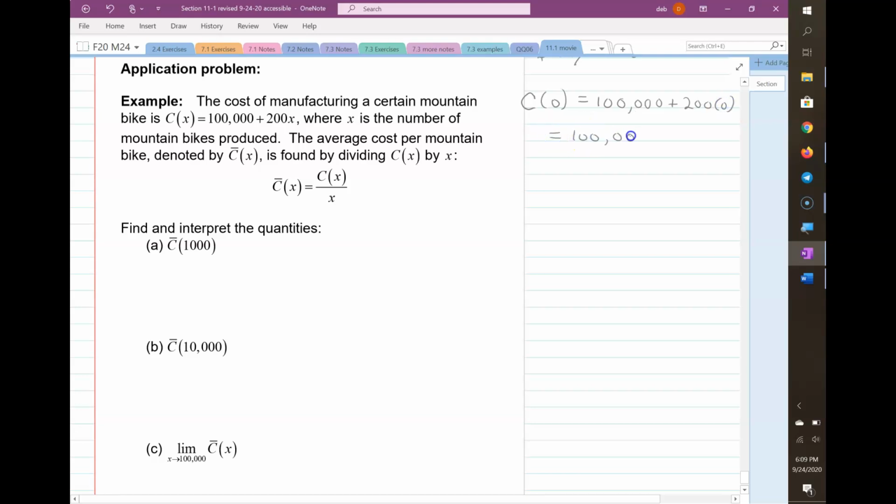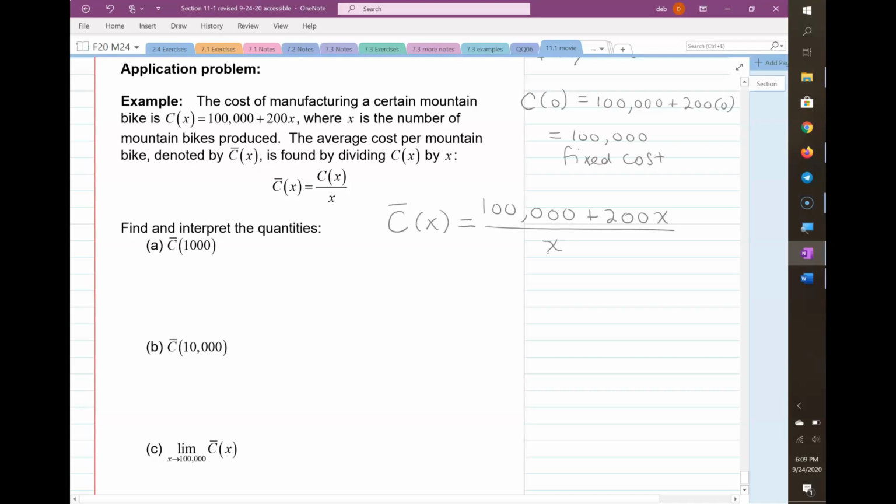So the 100,000 part is the fixed cost, and the $200 part is how much per each, where X is how many you're making. We're going to use this same formula and write C bar of X for this situation. We'll have 100,000 plus 200X divided by X.